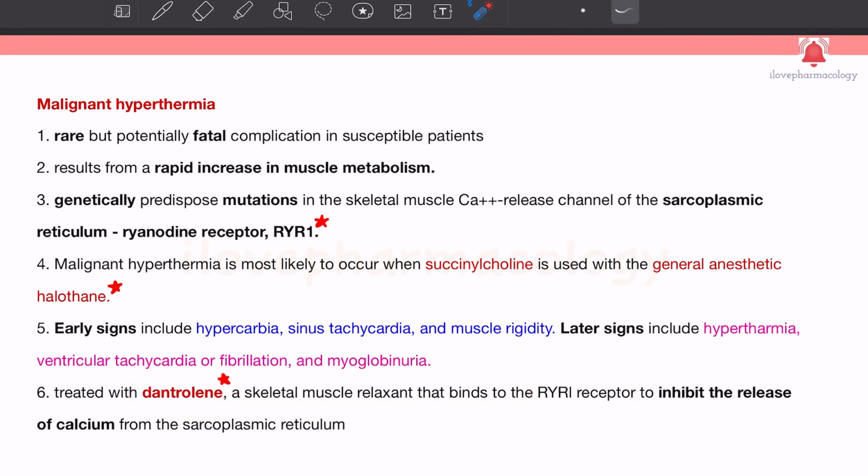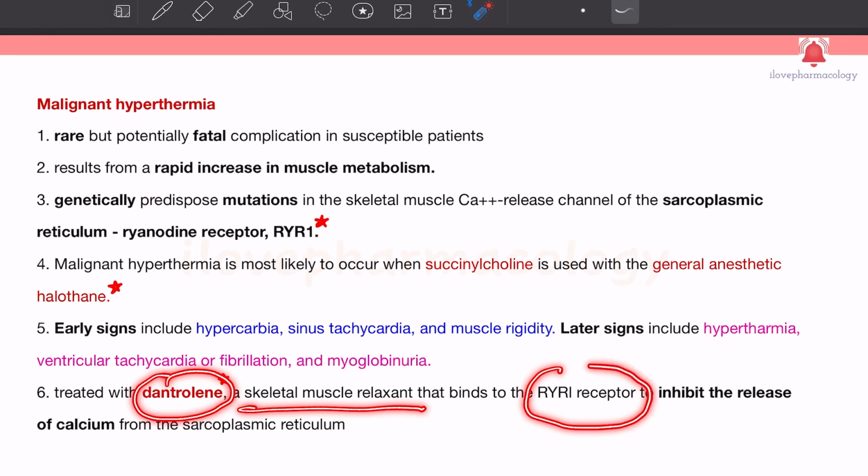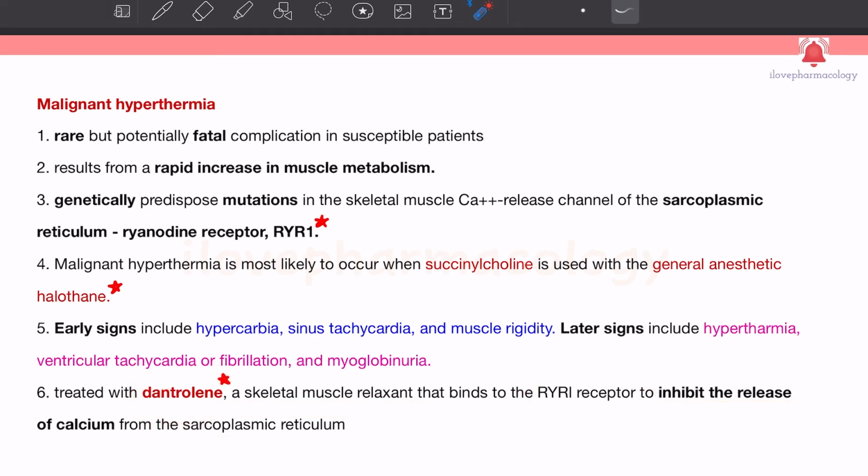Malignant hyperthermia is mainly due to the mutation in the ryanodine receptors leading to increased calcium release, whereas dantrolene binds to the RYR1 receptors and inhibits the release of calcium from the sarcoplasmic reticulum. So please remember, the drug of choice for malignant hyperthermia is dantrolene sodium.